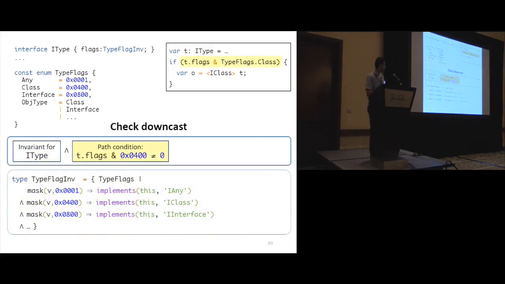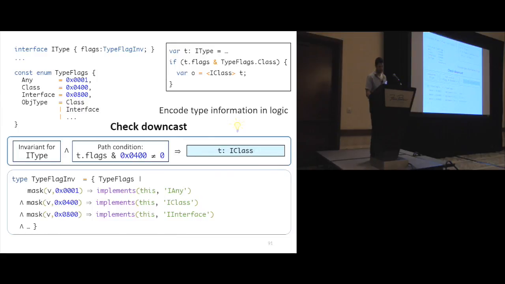Then, since our analysis is path sensitive, we can encode the path condition, basically that masking flags with the value 400 is not equal to 0. And then we can leverage the second one of the invariants in the invariant list and deduce the fact that it implements T I class. Finally, by using the original intuition of encoding type inclusion as predicates, we can reach the conclusion that T is actually of type I class, and therefore that the downcast is statically correct.